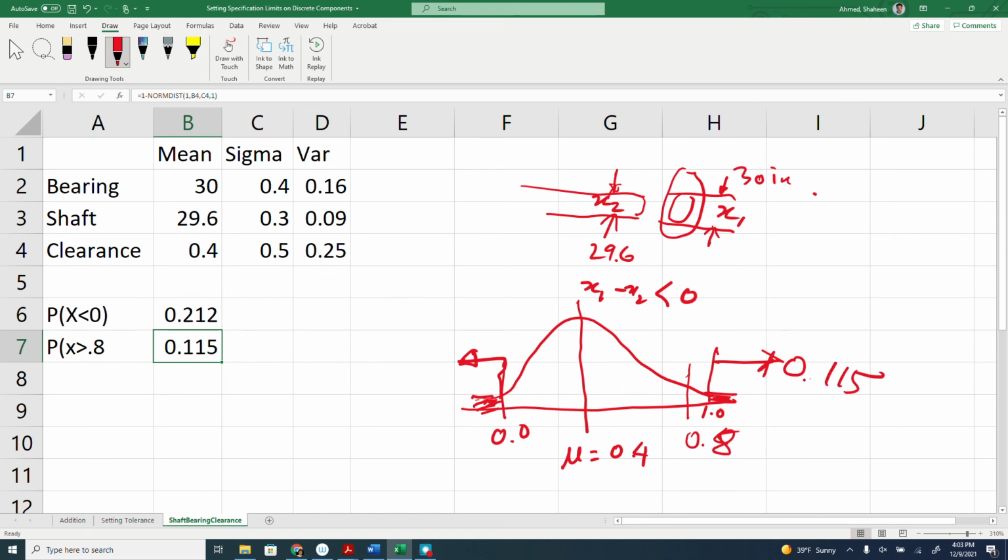So if you make 100 of them, about 11 and a half of them will be too loose. And up to 0.8, I think we found 0.215. So if you make 100 of them, 21 of them will be too loose. And how many of them will be in the appropriate dimension, that's the middle area, you can calculate easily.